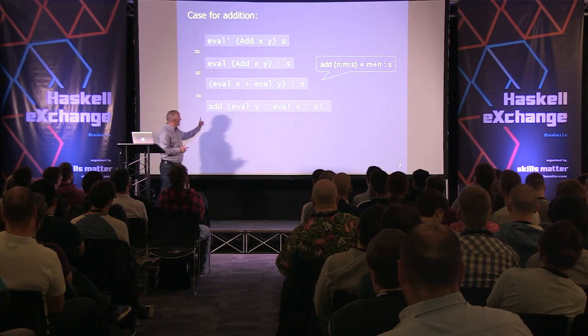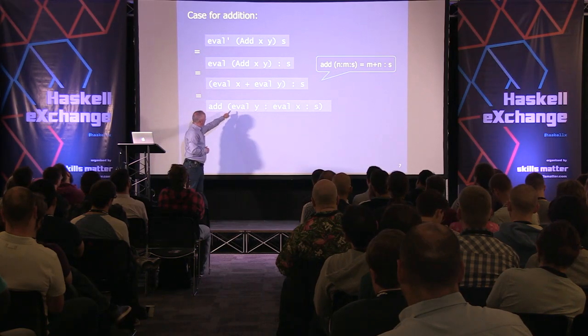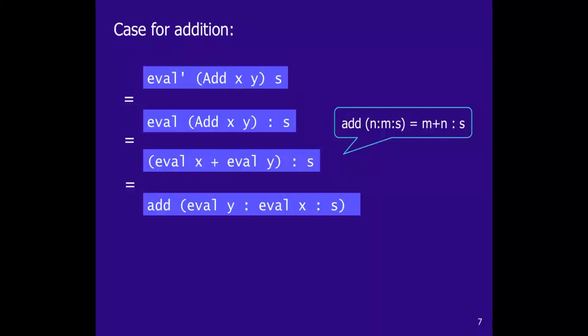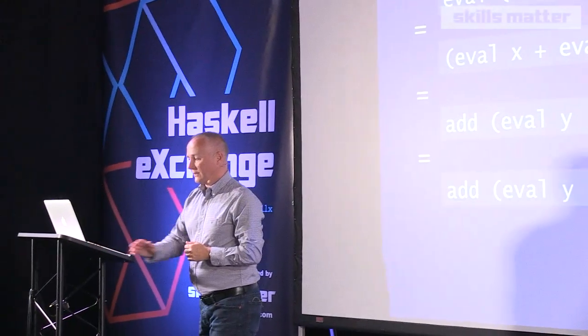Okay? So if I read this way, if I do add of eval of y colon eval of x colon s, and I apply my little add function, I'll get exactly up to here. Okay? And I can do this either way around. And this was a good thing to do, because now I can apply my induction hypothesis. By induction, this bit, eval of x colon s, is the same as eval prime of x and s.